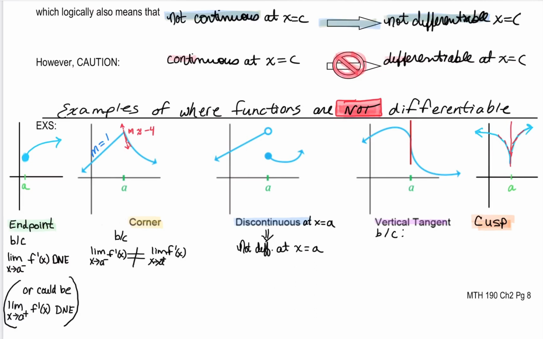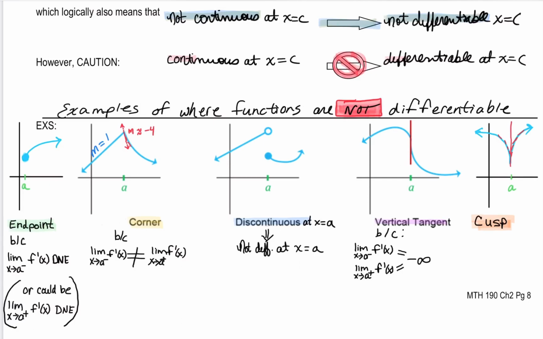We are seeing that the limit as x approaches a from the left of f prime, so the slope of the tangent line from the left, and the limit as x approaches a from the right, the slope of the tangent line from the right on the derivative, these are both going to negative infinity, and that doesn't exist.